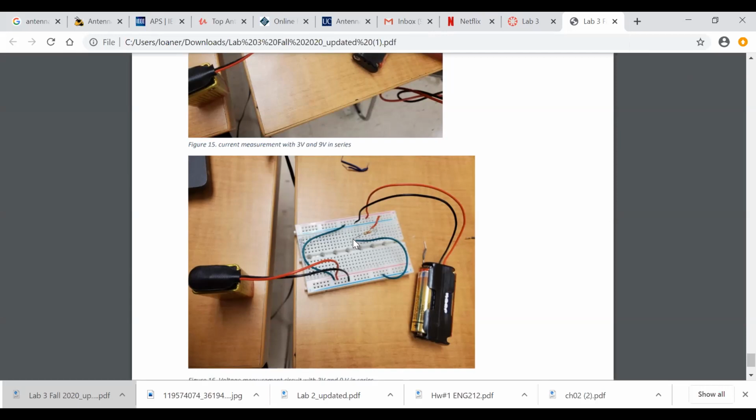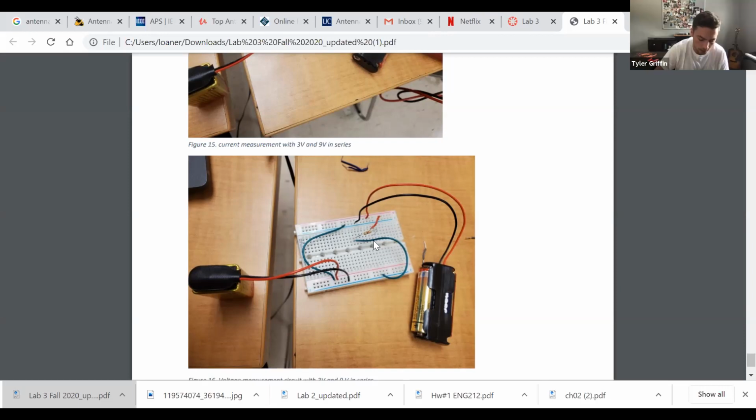When I connect my voltage source to the breadboard, I don't get a reading on the DMM. Show me. So what are you doing? You are muted, Tyler.